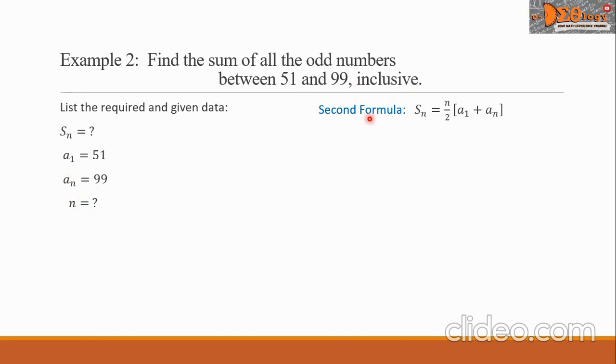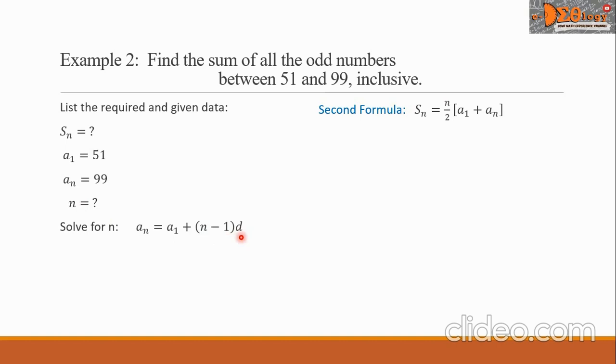We can use the second formula because in here the given is the first term and the last term. However, we don't have the n. First, let us solve for this n. Remember, we have the general term formula that is like this. A sub n equals a sub 1 plus the quantity n minus 1 multiplied by d.